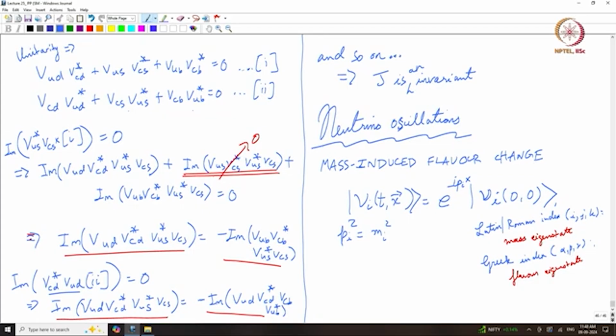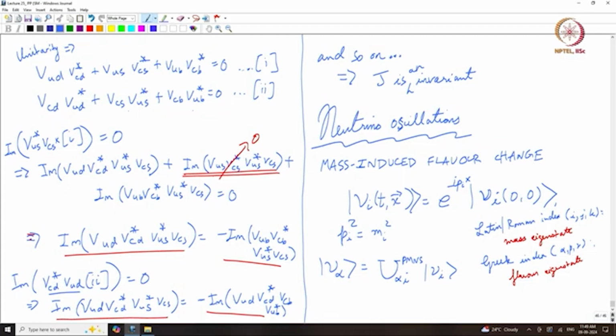Okay. And of course, it helps to write one more time the PMNS matrix in this notation. So, instead of writing it as a column matrix, I am just going to write it as a ket. Okay. The PMNS matrix, see explicitly, I am now using alpha and i together here, so that it shows that there is rotation from the mass basis to the flavor basis, correct.